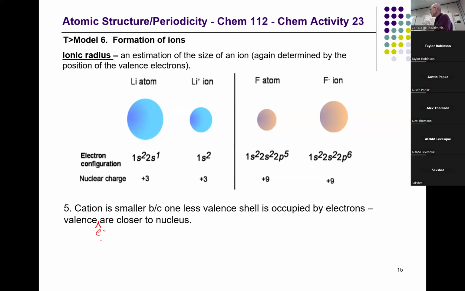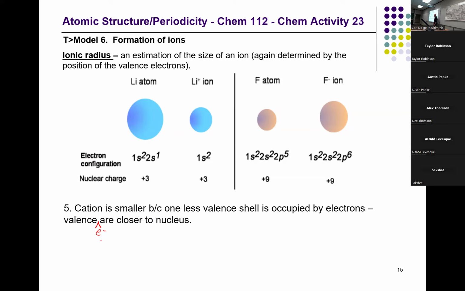What about the opposite? What about the fluorine atom becoming the ion? In this case, it's the same valence shell. All we're doing is popping in one extra electron.